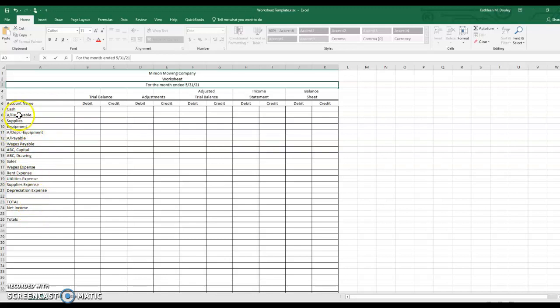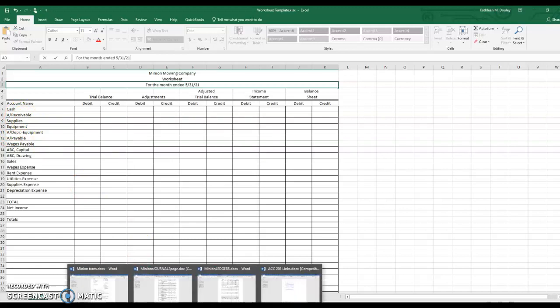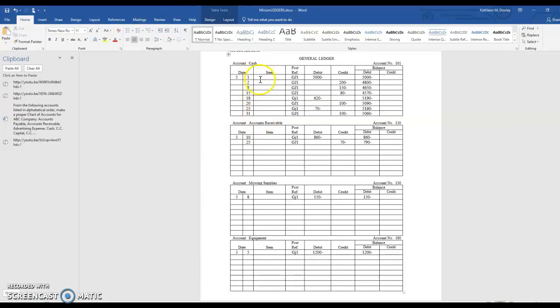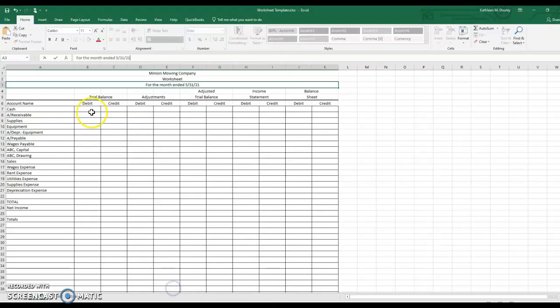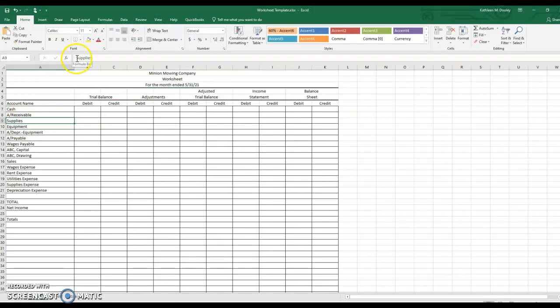Okay. Now, these accounts that are on this template are just some suggested accounts, so they're not all the same as the accounts that we have. So that's our first step, is to go through and make sure that they equal. So we have cash, accounts receivable, mowing supplies, and equipment. We are going to need an accumulated depreciation equipment account.